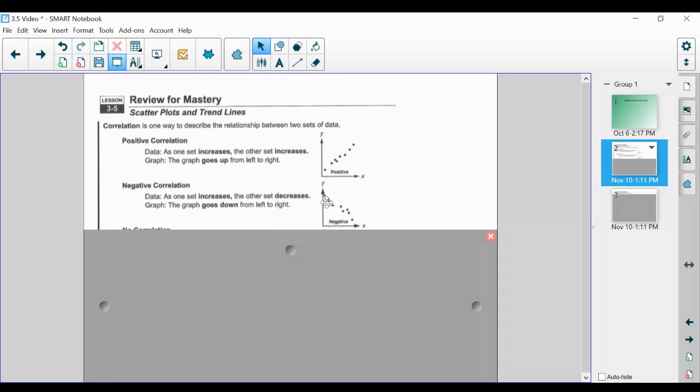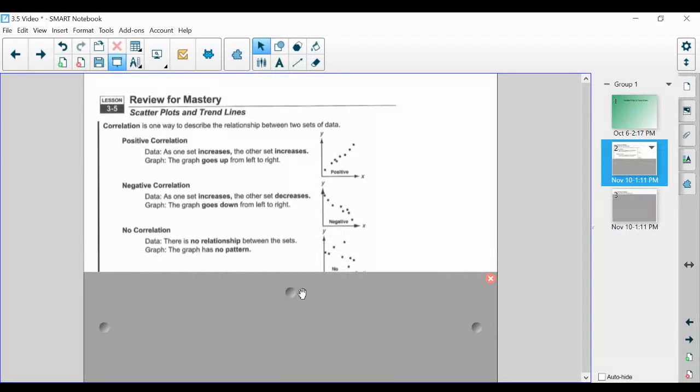We're starting up very high in the upper left-hand corner, and then we're dropping down to the bottom right as we move from left to right. There's still a strong connection between these two, but as we continue through our graph, we're decreasing the value. There's still a strong correlation, it's a negative correlation because it seems to be going down.